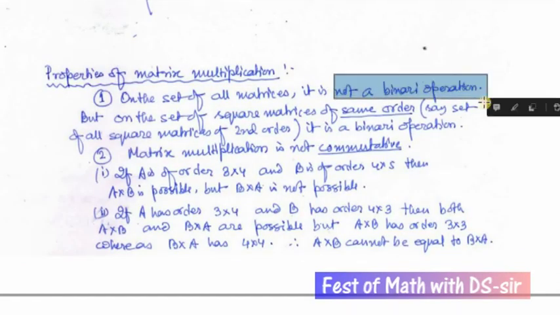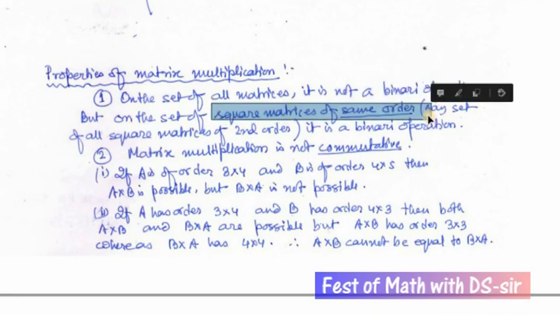But on the set of square matrices of the same order, say the set of all square matrices of second order, third order, or fourth order, it is a binary operation, because any two matrices of fourth order can be multiplied, and any two matrices of second order can be multiplied.